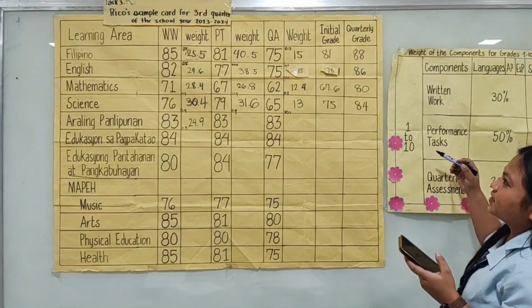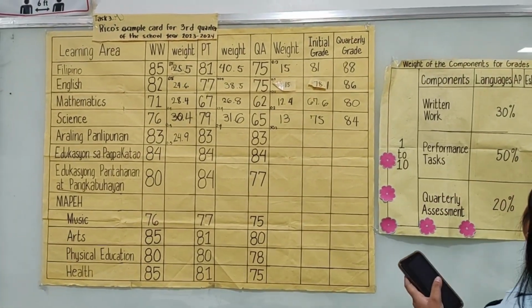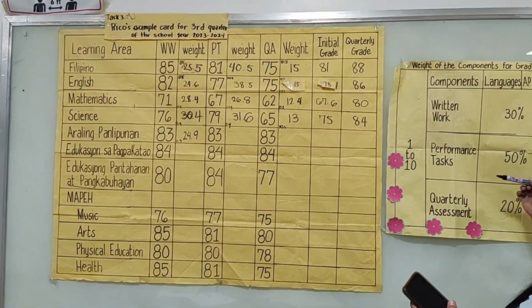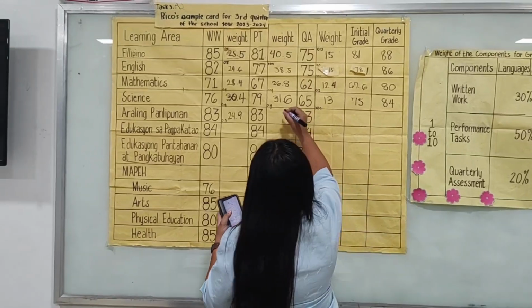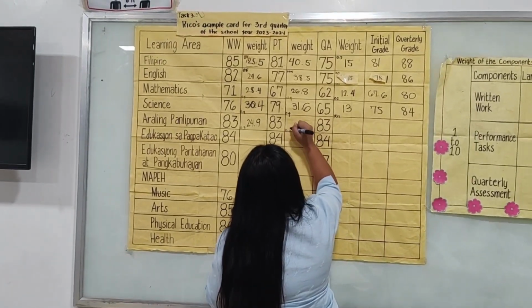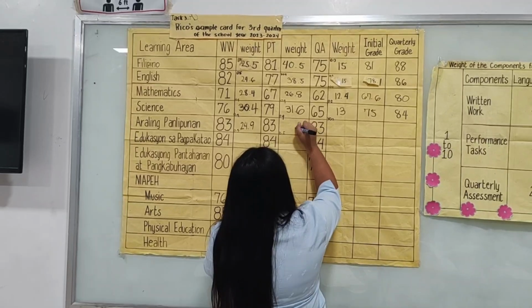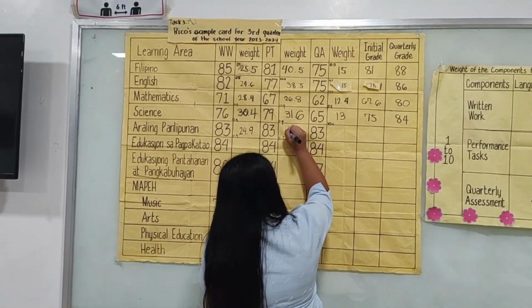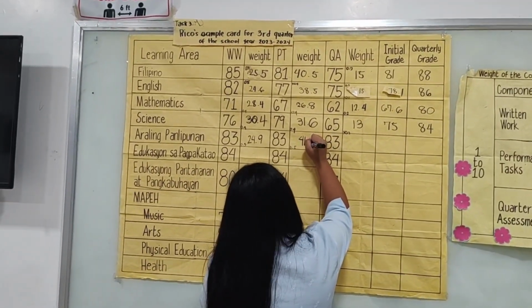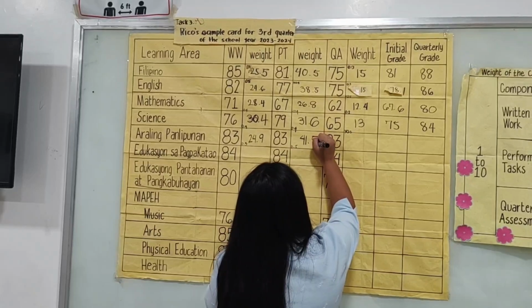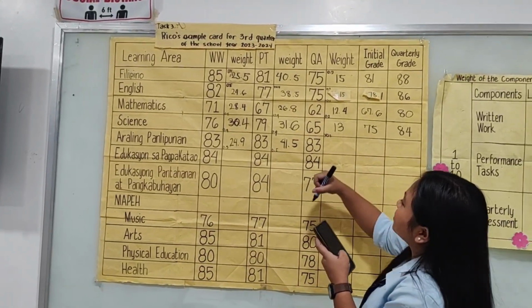The weighted component of performance task in Araling Panlipunan is 50%. So 83 times 0.5, which is 41.5.